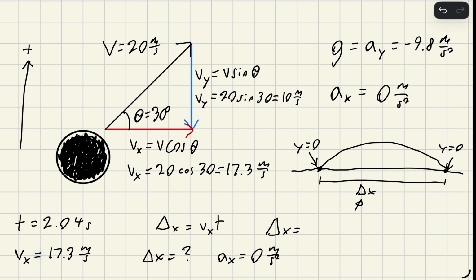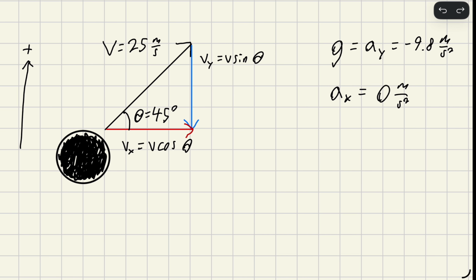So delta x equals velocity in the x direction is 17.3, and time we found to be 2.04 seconds. And this equals about 35.3 meters.